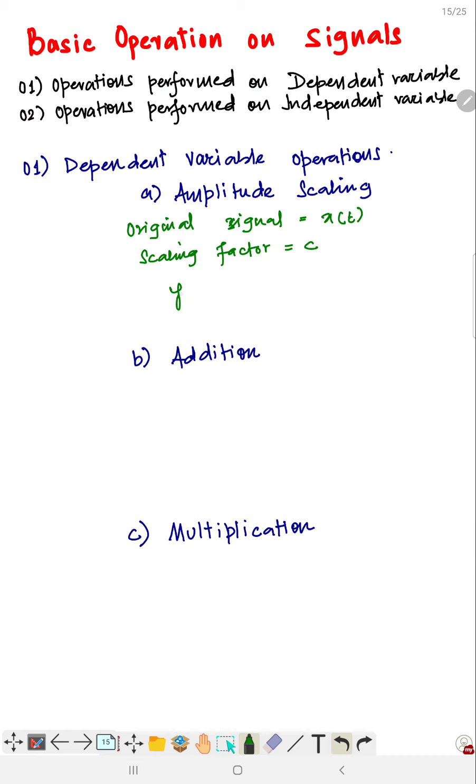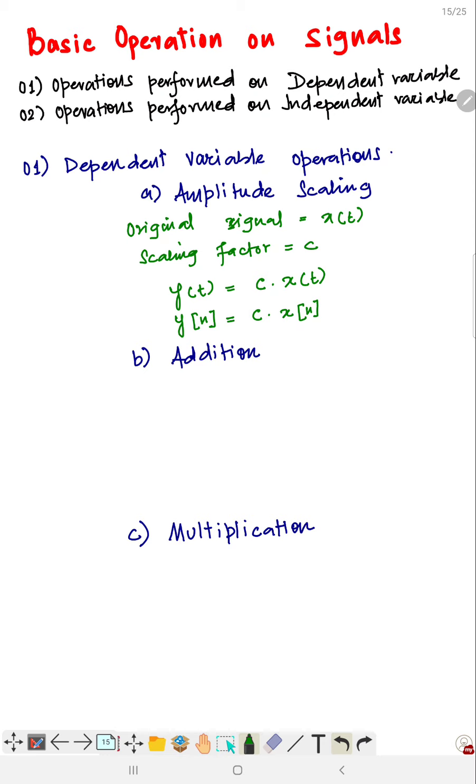Then I can define my amplitude scaling as simple multiplication of this constant to the signal x of t. Right? The simple operation. Similarly, if you're talking about discrete time domain, so it will be y of n, c will be scaling factor, and you're multiplying this scaling factor to each and every sample.